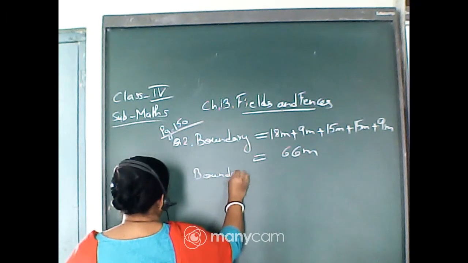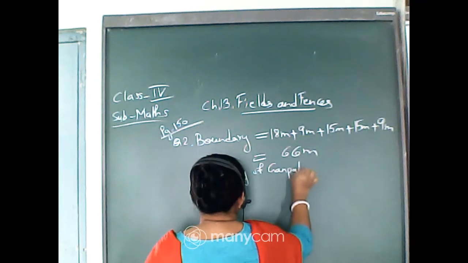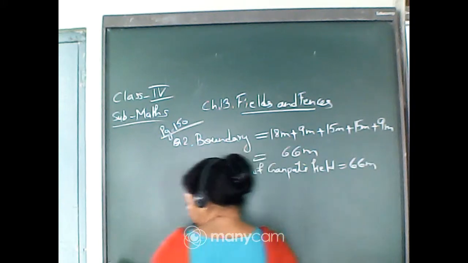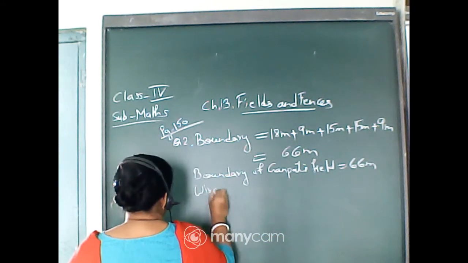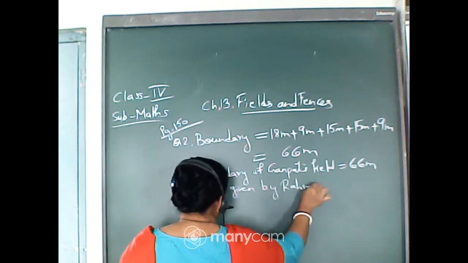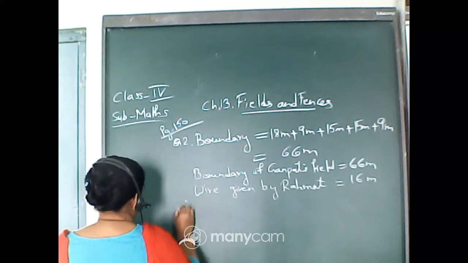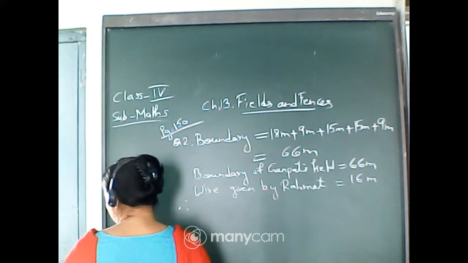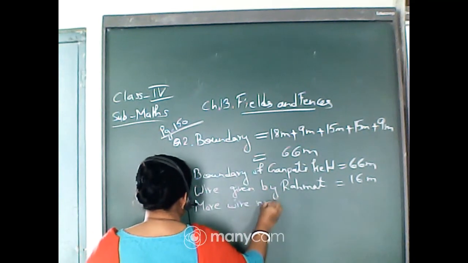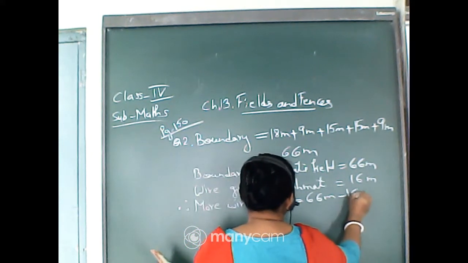Boundary of Ganpat's field is equals to 66 meter, and the wire given by Rahmat, it is 16 meter, isn't it? Therefore more wire needed is equals to 66 meter minus 16 meter.